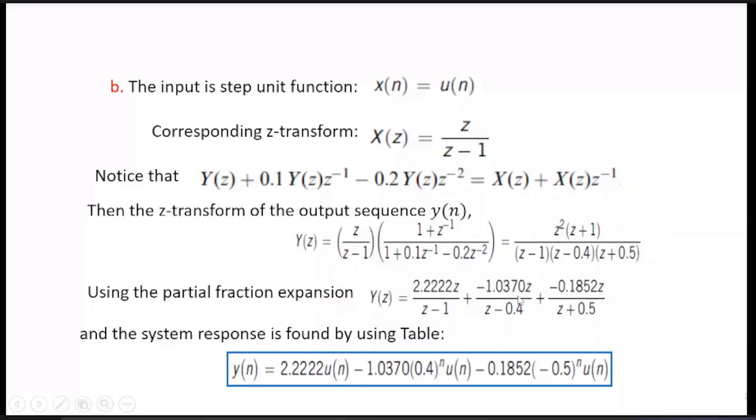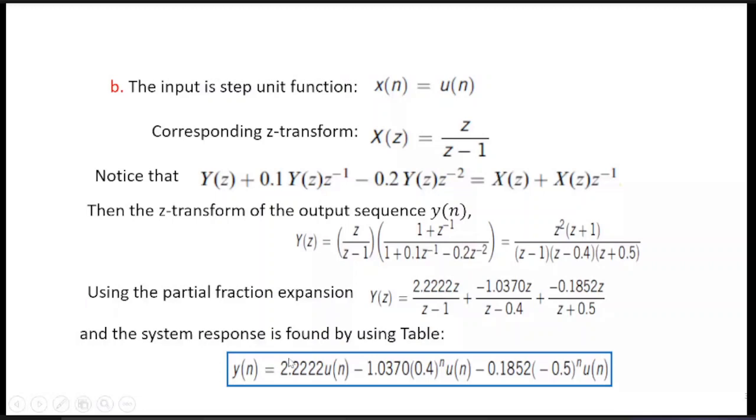So we find three terms, but their coefficients will slightly differ. Accordingly we apply the inverse z transform after partial fraction expansion.